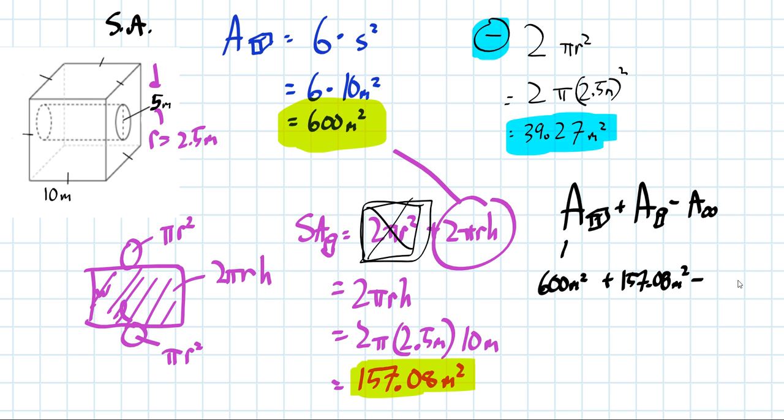And the 2 circles we've removed from the cube are 39.27. So if we take 600 and subtract 157.08 and subtract 39.27, we get 403.65 square meters.